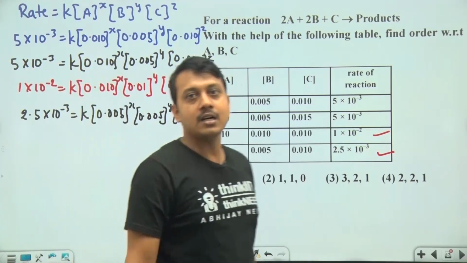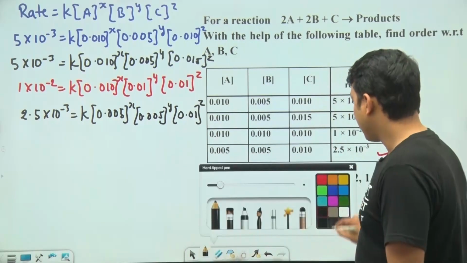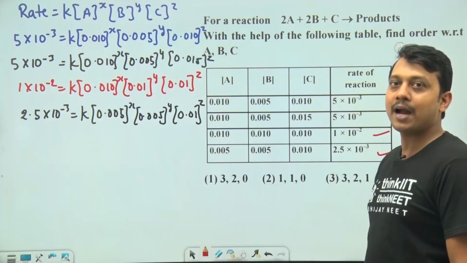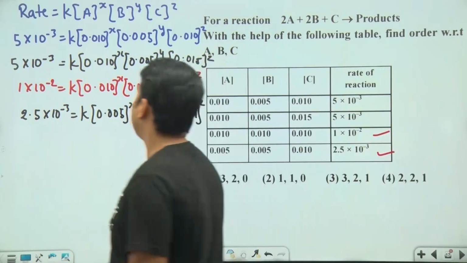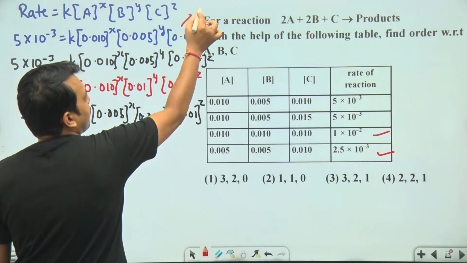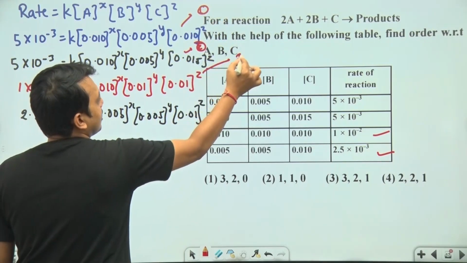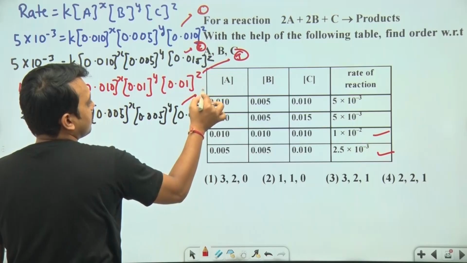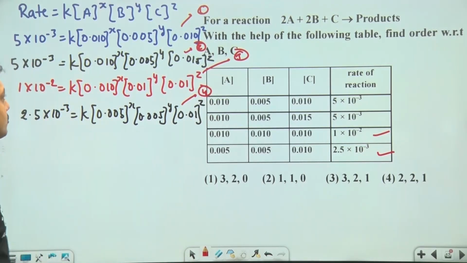Now these are the 4 equations from the 4 experiments. One by one we have to divide any two and calculate the values of x, y and z. This is equation first, second, third and fourth. With the help of these 4 we have to solve for x, y and z.